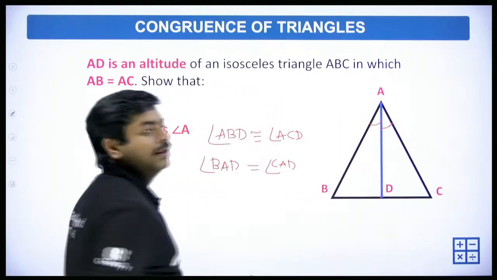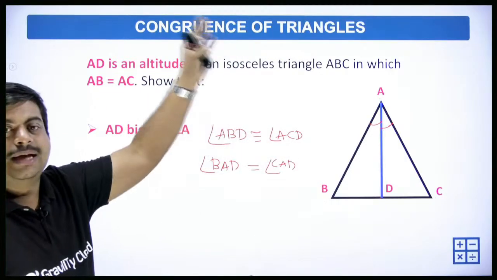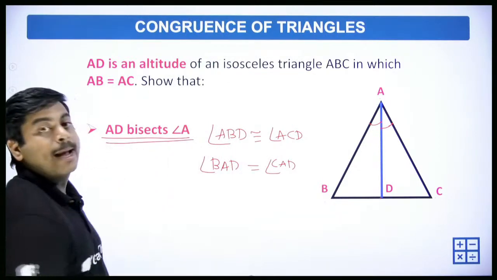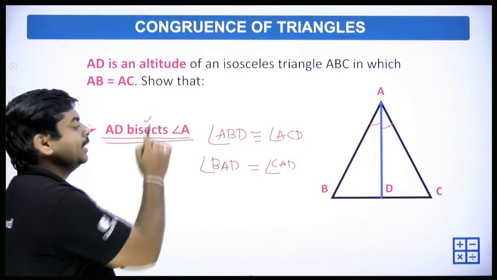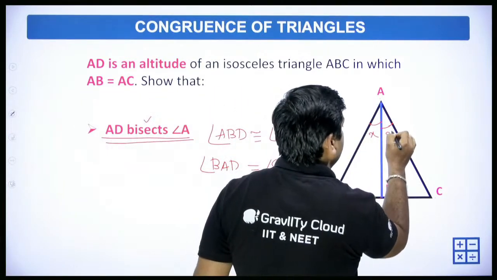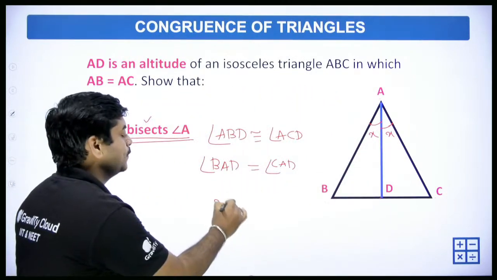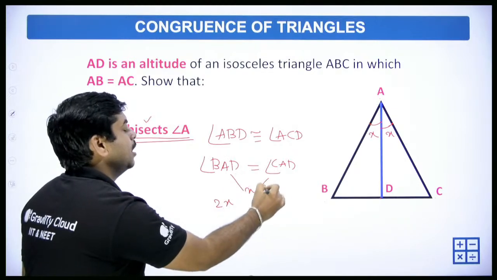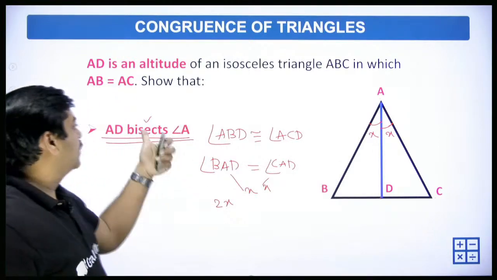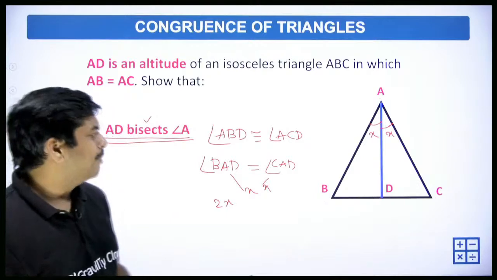So we can say that AD is the angular bisector, or that AD bisects angle A. Bisect means dividing into two parts. If this is x degrees, this is also x, so the complete angle is 2x, divided into x and x. So these are very basic questions.